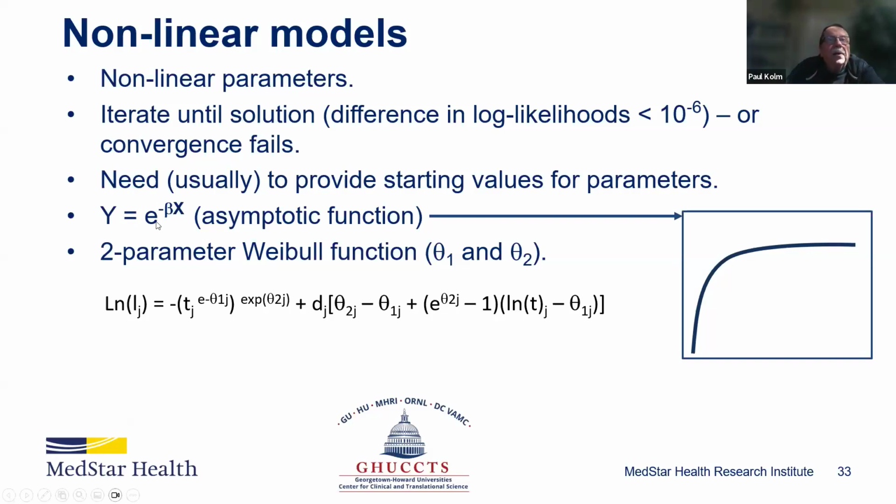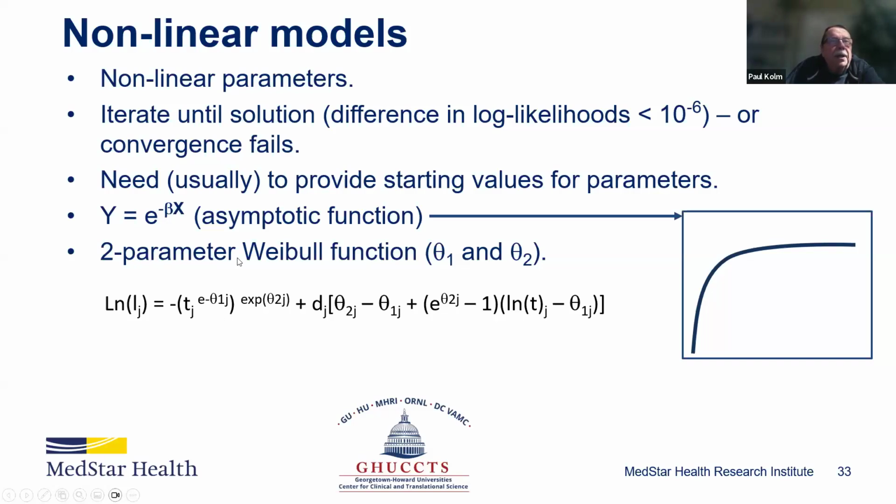You get this asymptotic function that I'm sure you've all seen, with a steep increase and then the function more or less levels out. In this case, the regression coefficients, or parameters, are nonlinear. The e is a nonlinear function here.